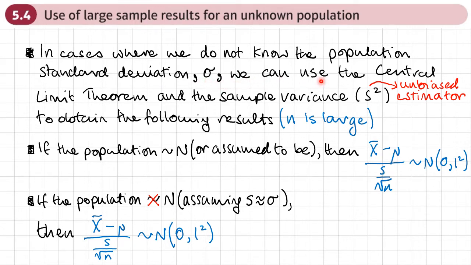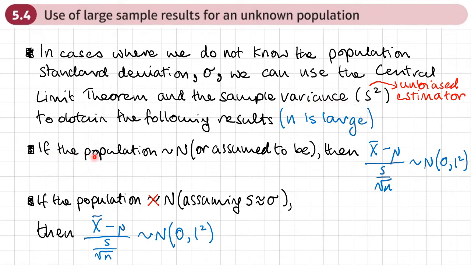In those cases, we can use the central limit theorem and the sample variance, an unbiased estimator for the population variance, to obtain the following results. The following results hold when n is large, when we've used a large sample.